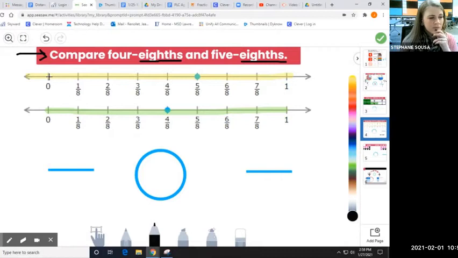And then 5/8 is marked or plotted on the 5th 1/8. If we start at 0, we can count the spaces. 1/8, 1/8, 1/8, 1/8, 1/8. We have done 5 jumps, which means we're landing on 5/8.